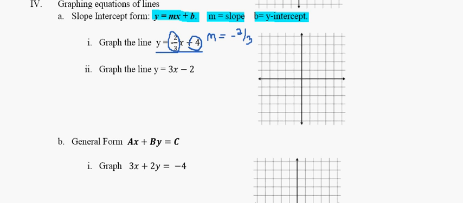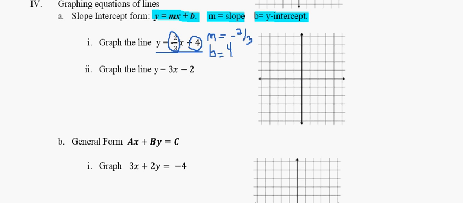My slope is negative 2/3. And this number right here represents where my line crosses the y-axis. So my line crosses the y-axis at 4.